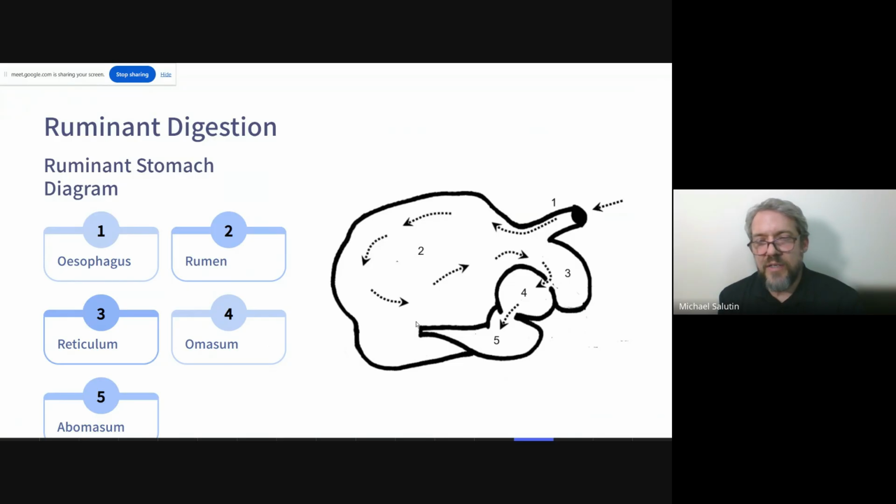And then from there, it's actually going to go to step 5, the abomasum. And in the abomasum, it's going to be undergoing the chemical digestion now from enzymes, from stomach acids, which are going to break down lipids and proteins as well.